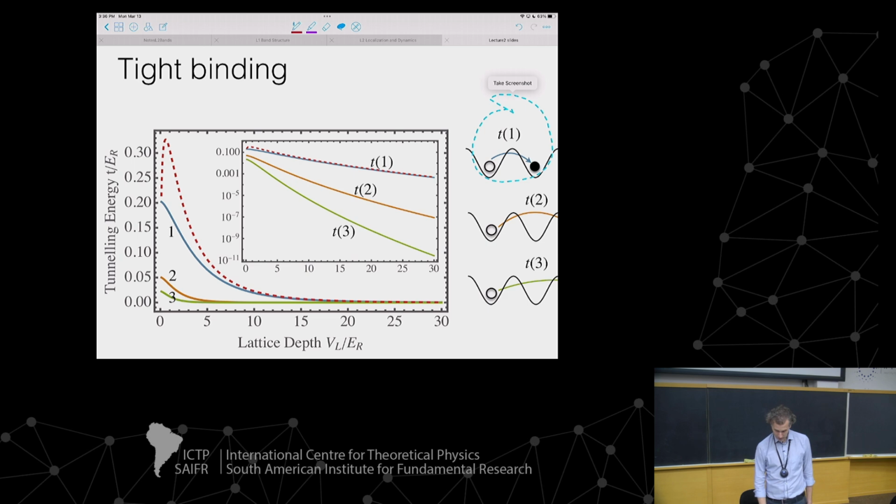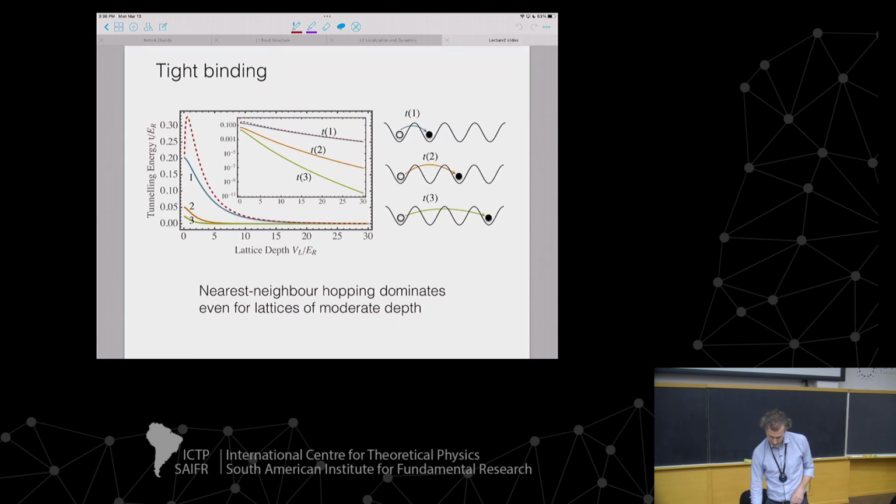And the relative strength of nearest neighbor to next nearest neighbor gets larger and larger as I get the lattice deeper and deeper. So the tight binding approximation is essentially to say I neglect these other processes. Does that answer your question? Okay.